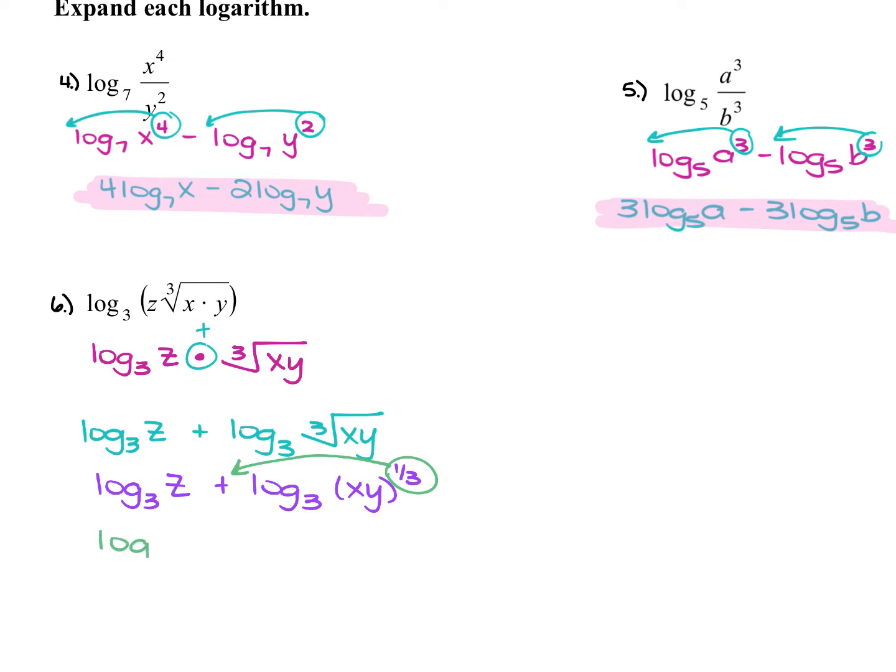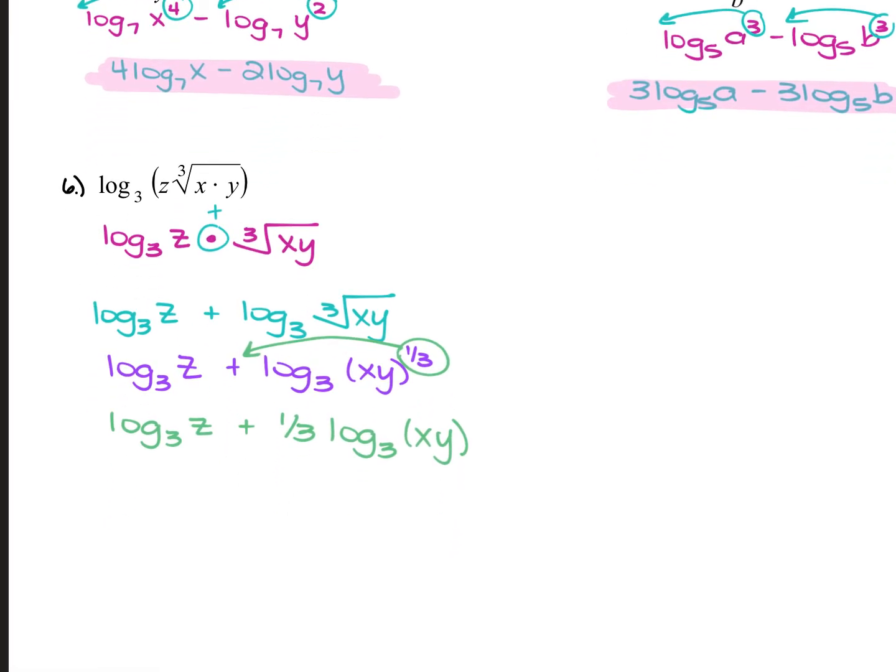So we're going to have log 3 of z plus 1/3 log 3 of xy. Now, you see that you have that xy in parentheses. You can expand this even further because there is addition there. However, that 1/3 is in front of that log 3. So when you separate that using addition, it's going to give that 1/3 in front of both of them.